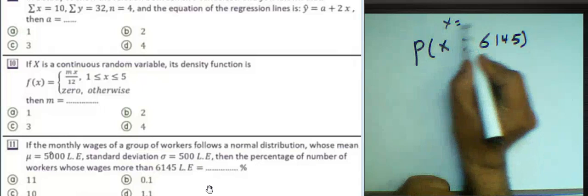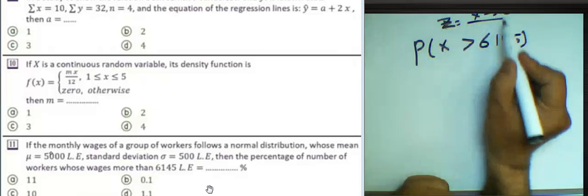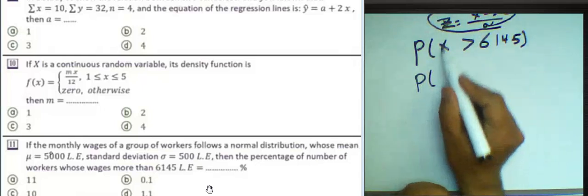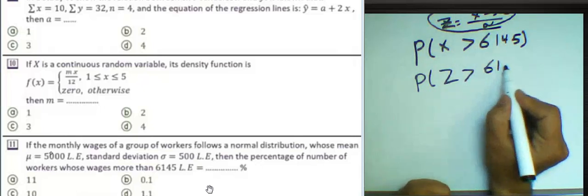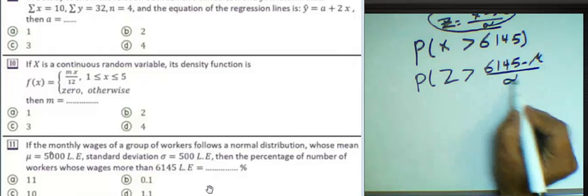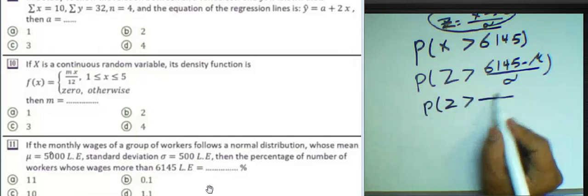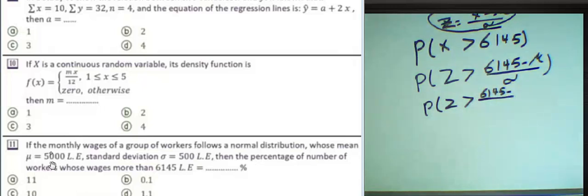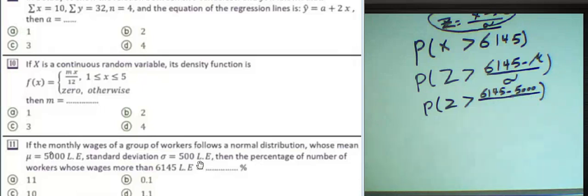We know z equals x minus mu divided by sigma. Then we can cancel x here and write z as 6,145 minus mu divided by sigma. Then the probability of z greater than 6,145 minus mu, which is 5,000, divided by sigma, which is 500.